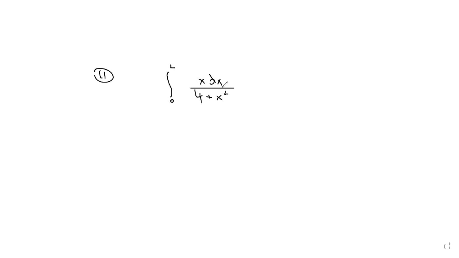In this case, I would initially be tempted to try an inverse trig function, but that's not going to work because you have an x dx on top. If you just had a dx on top, it would work, but because of the way the inverse trig functions are set up, it wouldn't quite work. In this case, it looks like we have it in the form of a logarithmic function.